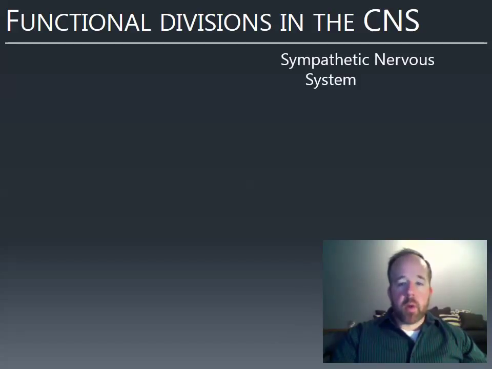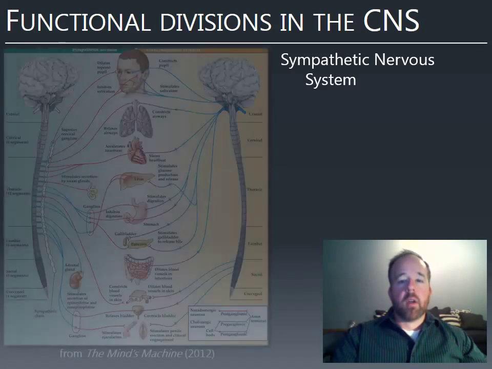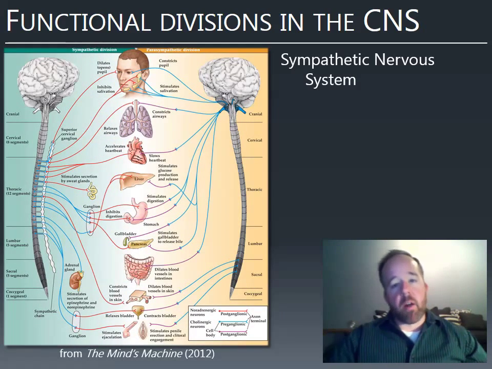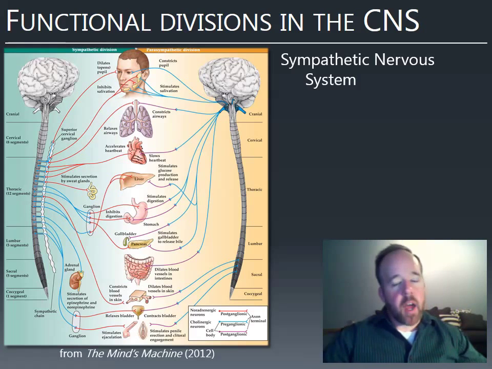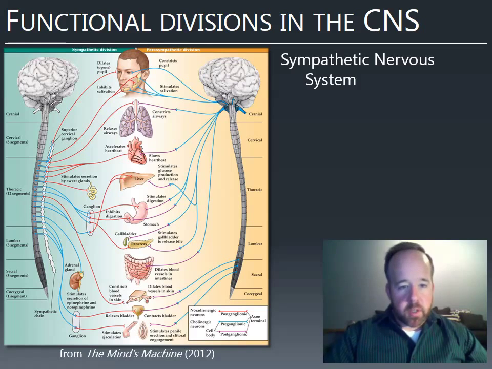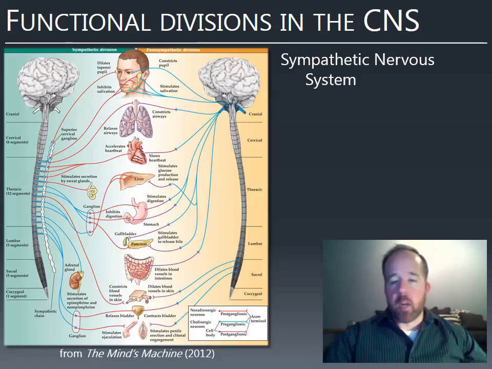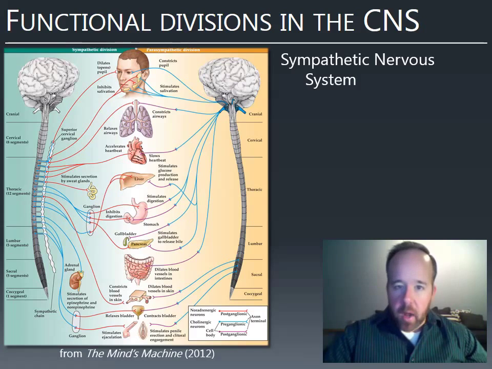Okay, so we also have in the nervous system, we have the sympathetic nervous system. I'm going to put this diagram here. This is a fairly busy diagram, but don't be nervous. The sympathetic nervous system is responsible for sort of exciting the body, getting the body ready for action, initiating what's often called the fight or flight response.